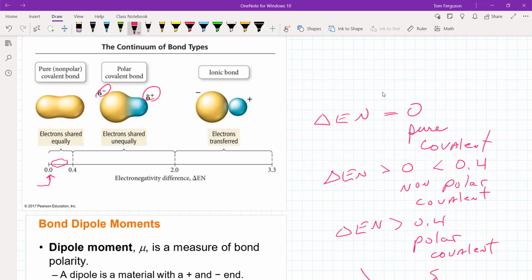In other words, that sharing is becoming more and more unequal. Unequal is a key word here, okay? And they differentiate that with, no pun intended, partial delta. And you'll see that when you get into more advanced math. You'll see it quite a bit, actually.